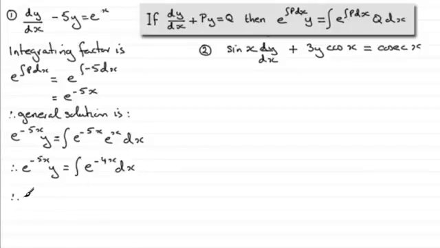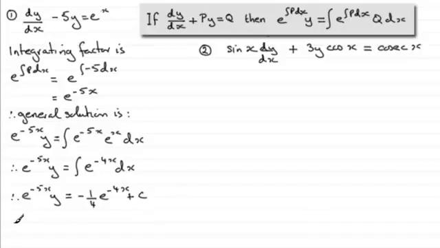And again, if we just copy the first part here, e to the power minus 5x times y equals, and if we integrate e to the minus 4x, it's going to be minus 1/4 e to the power minus 4x. And then we've got the constant of integration, which I'll call plus c.